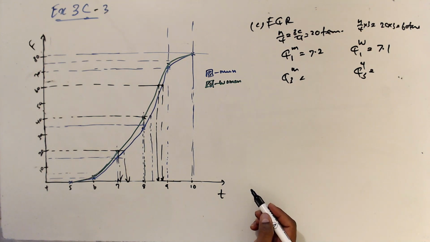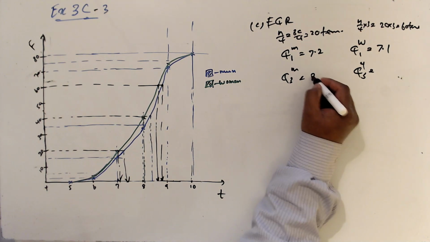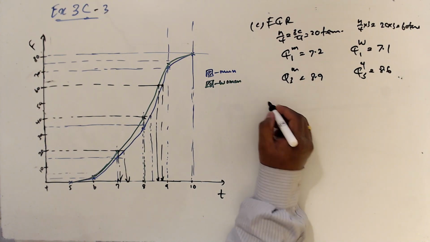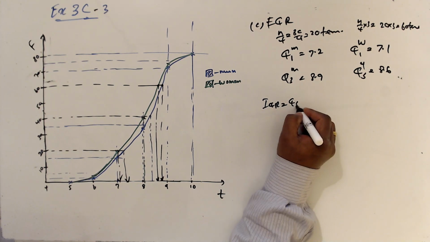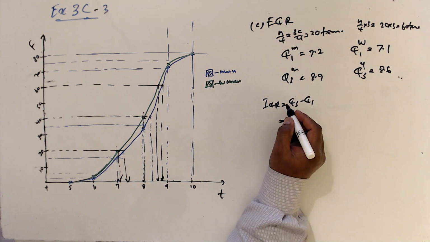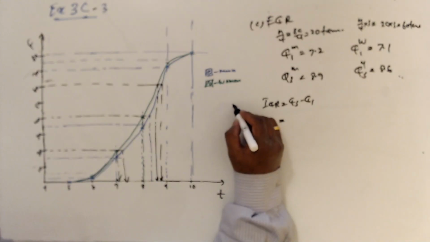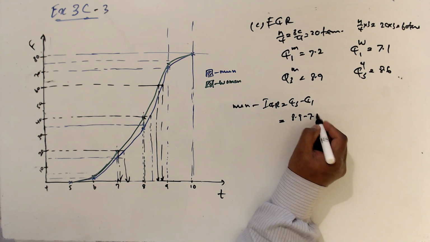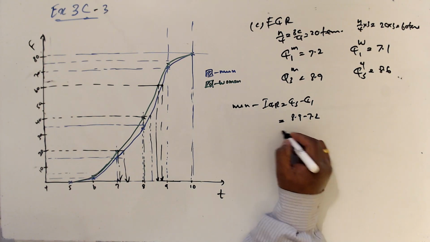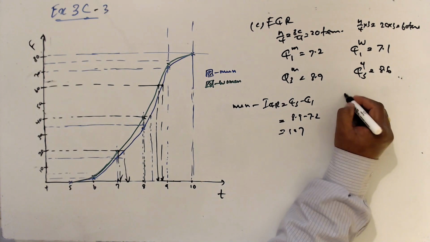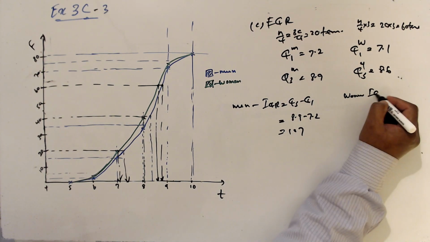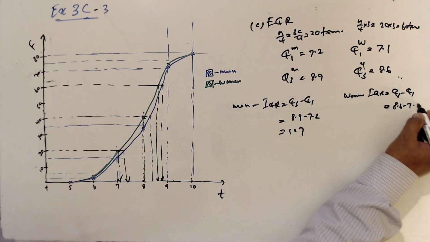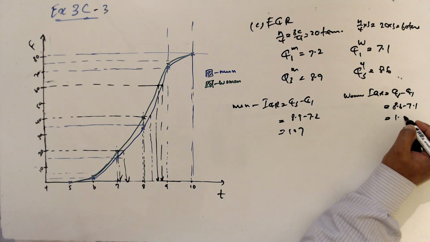Then for men it is going to be 8.9 and this is going to be 8.6, and then IQR means Q3 minus Q1. So men IQR is 8.9 minus 7.2, which is 1.7, and women IQR, Q3 minus Q1, 8.6 minus 7.1, that is 1.5.